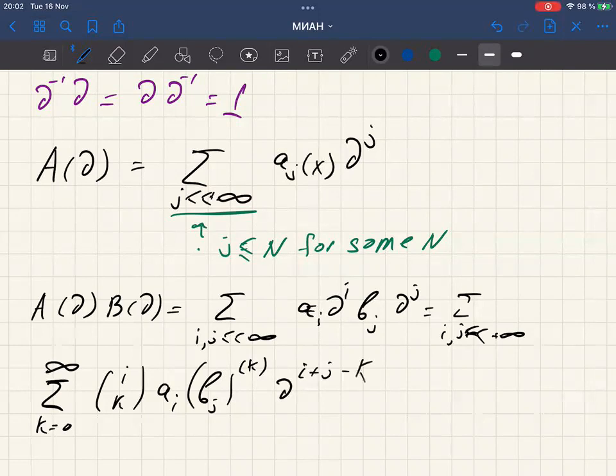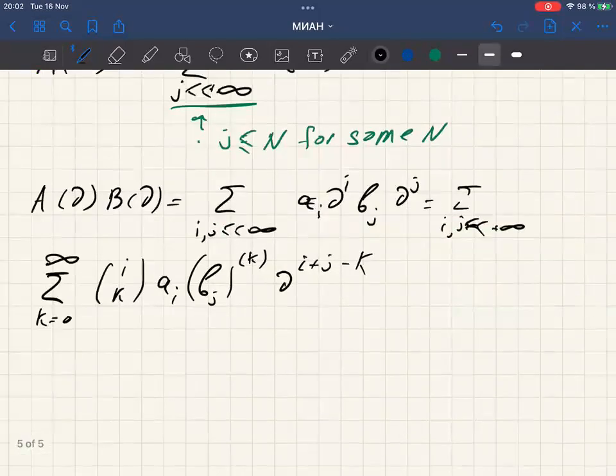So we could multiply these pseudo-differential operators. These are just the binomial coefficients.